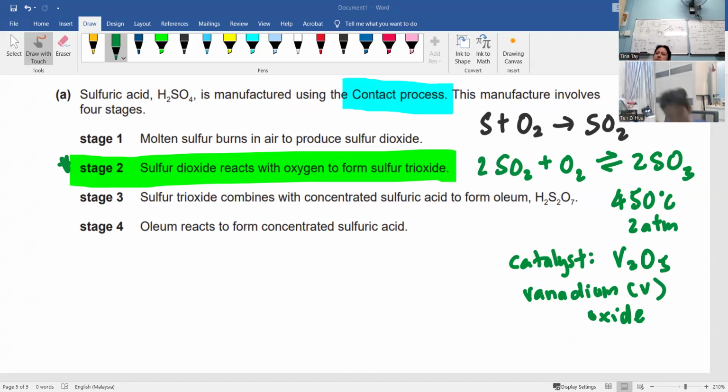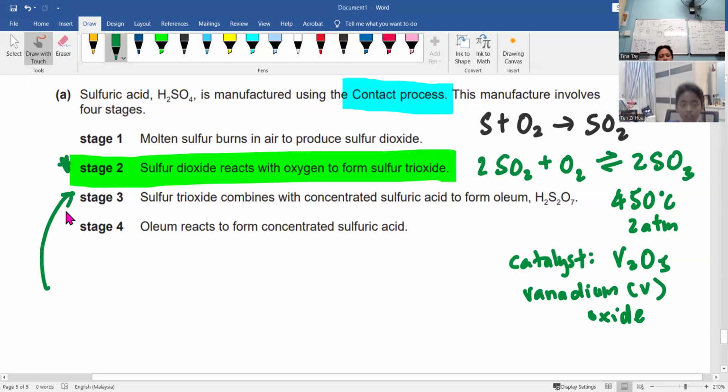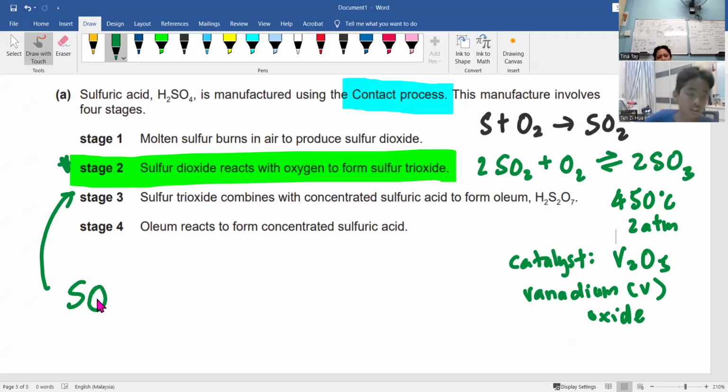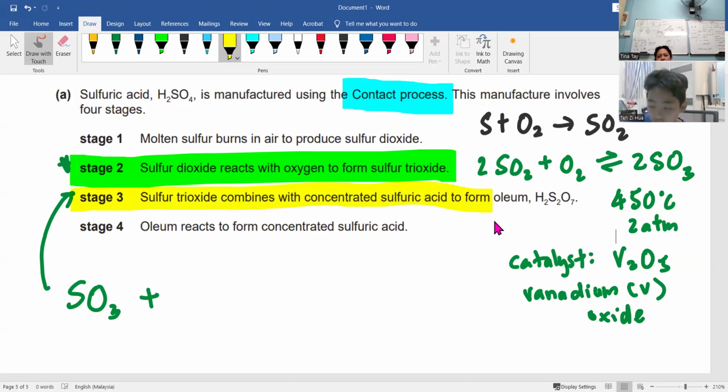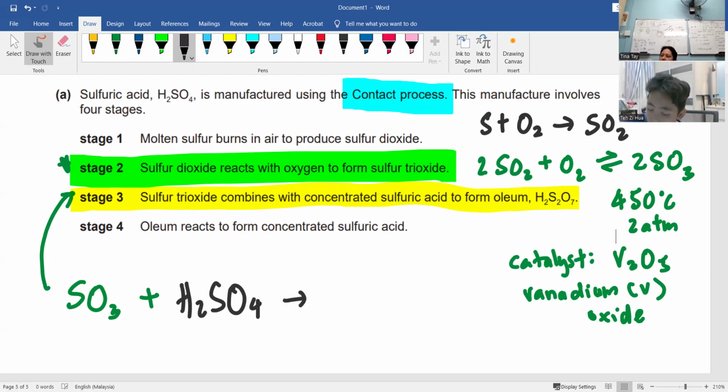Okay. Now, after you make sulfur trioxide, this sulfur trioxide is reacted with, look at this stage 3, reacted with sulfuric acid to form something called oleum.